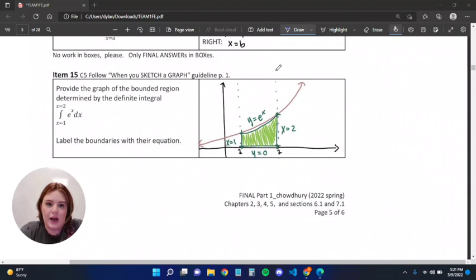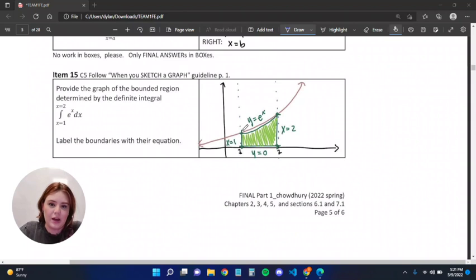So we drew a dotted line on x equals 2 to see where that would be, and then we did the same thing with x equals 1. Those are the interval we're looking at. The function we're looking at is e to the x, so we drew the e to the x curve.